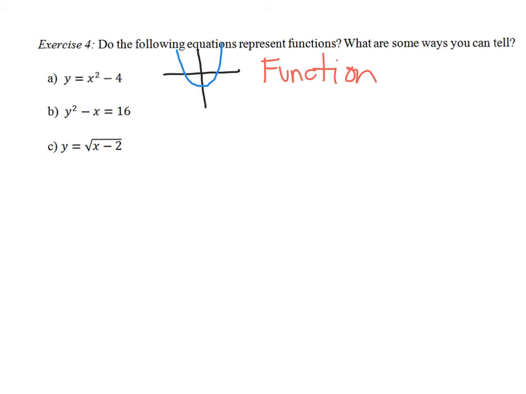When I look at example B, I see that I've got something that I actually can't graph on my calculator because it has a y squared in it. So I'm going to look at this one algebraically. This one I am going to say is not a function. And the reason for that is because when I look at particular values of x, for example, what if I try x equals 0?